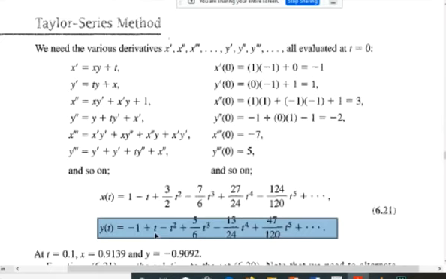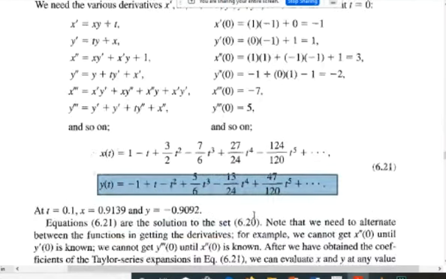It's quite useful. When we have a Taylor expansion of a function, we have a suitable approximation of this function as well.